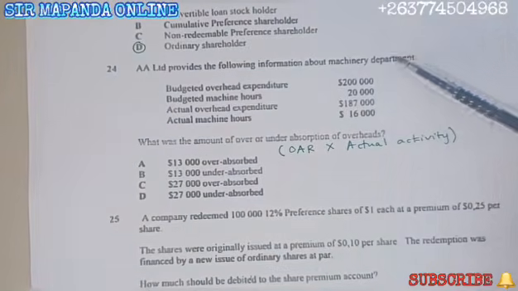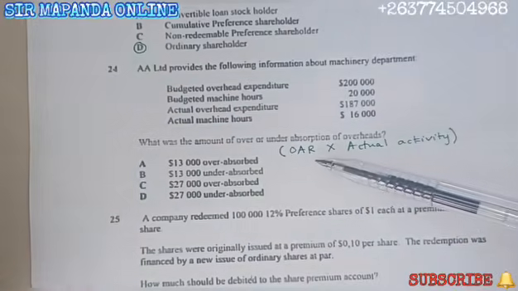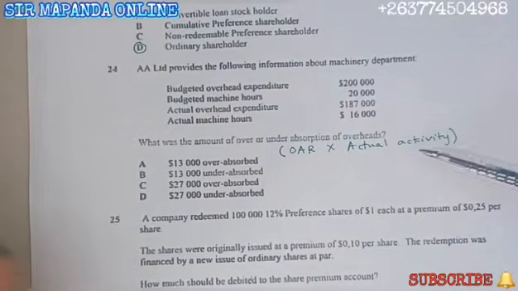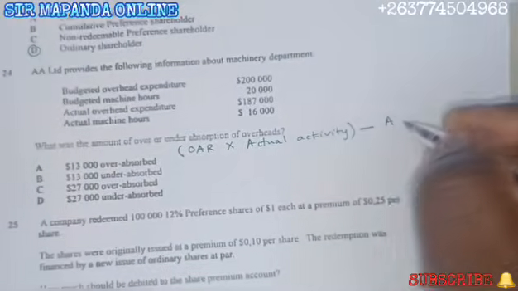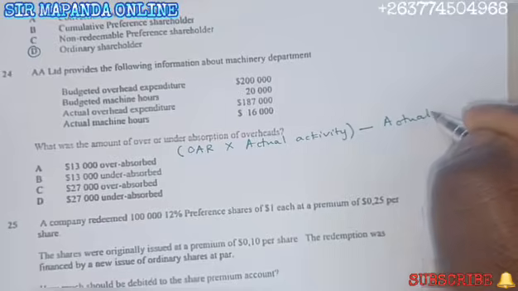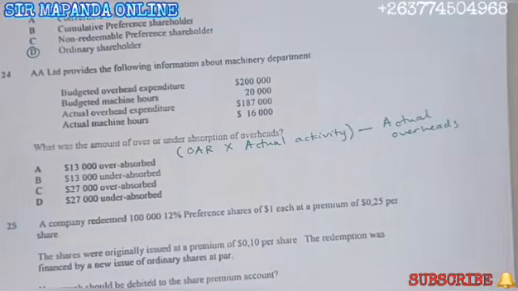So if it is the machinery department, we are using machine hours. So in simple terms, we are saying OAR times actual machine hours. Then you deduct actual overheads incurred. So we are going to less this with actual overheads incurred. I hope you are following.